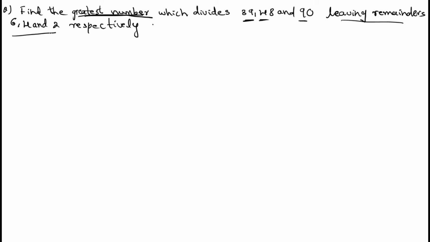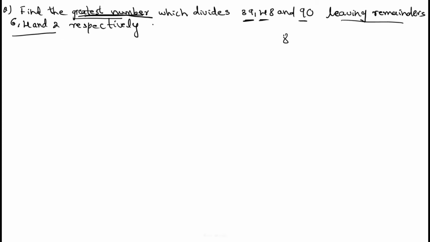Leaving the remainder means these numbers are not exactly divisible by the greatest number. If any number is exactly divisible by that number, the remainder is equal to 0. But here in the question they have mentioned that it leaves the remainders 6, 4, 2 respectively. You need to find one greatest number which divides the given 3 numbers and leaves 3 remainders respectively.